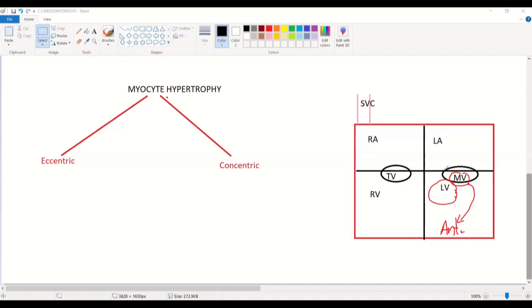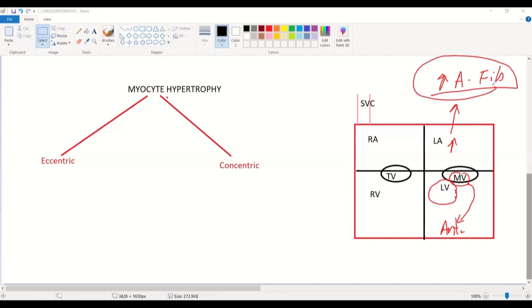So with impaired filling of the left ventricle, blood is accumulated in the atria. Increased blood in the atria may lead to enlargement of the left atrium. Left atrial enlargement increases the risk of which arrhythmia? Atrial fibrillation, right?